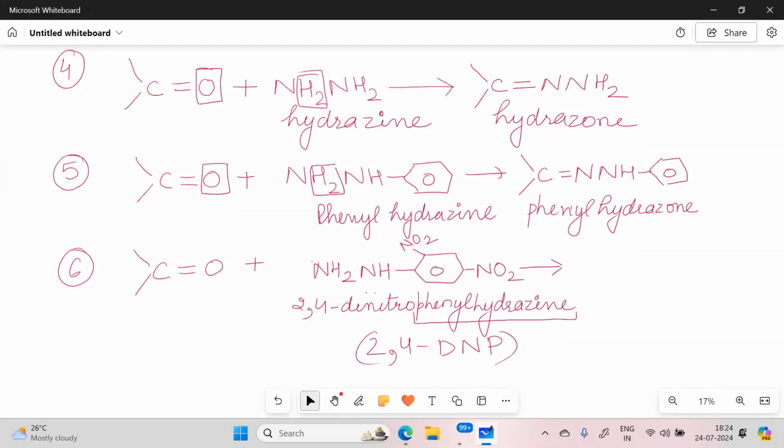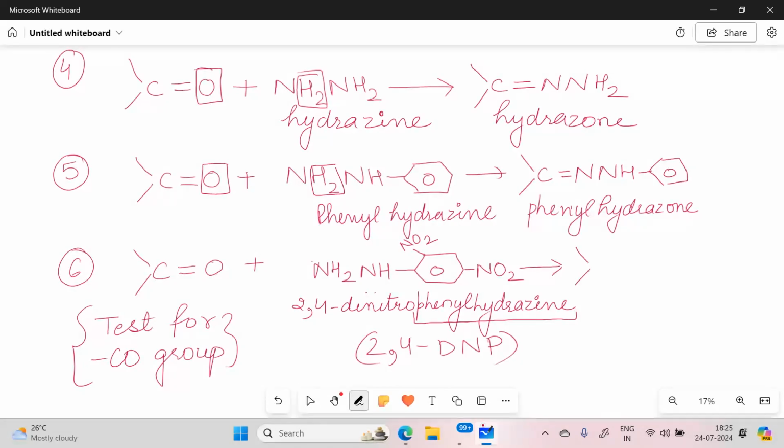This test you have done in labs also, and this is a test for carbonyl groups. Mainly this question comes in viva in practicals. What is 2,4-DNP? And students give the answer 2,4-dinitrophenol. It's not phenol, it is phenyl hydrazine.